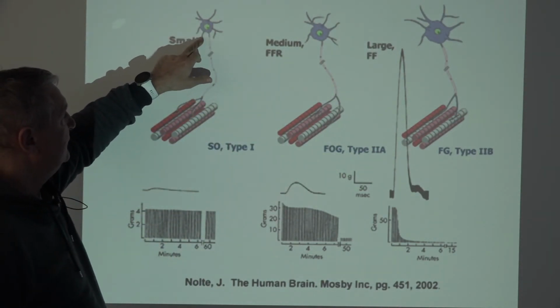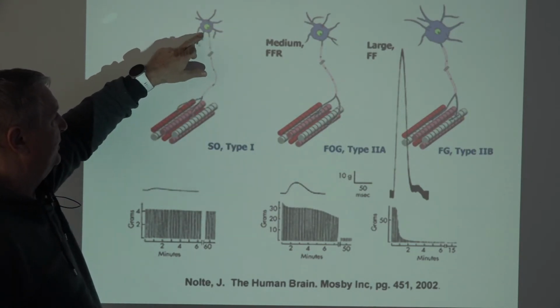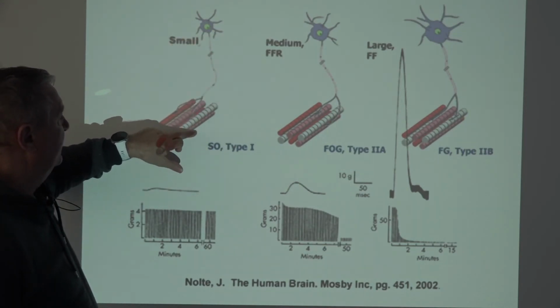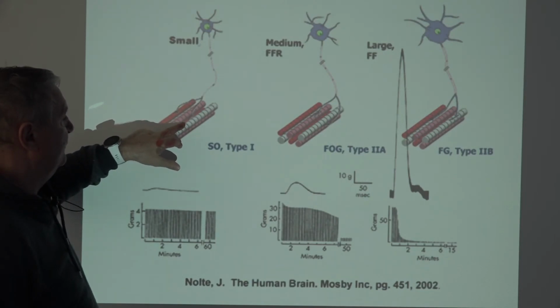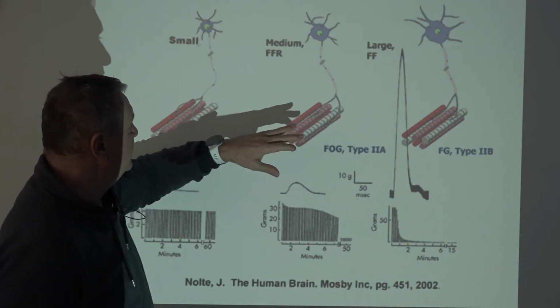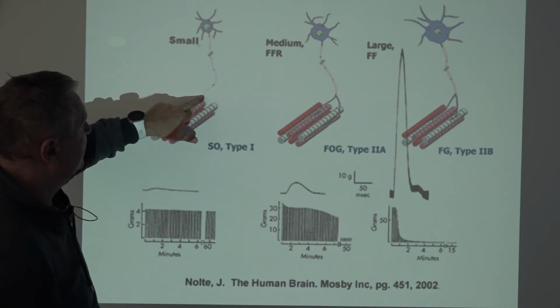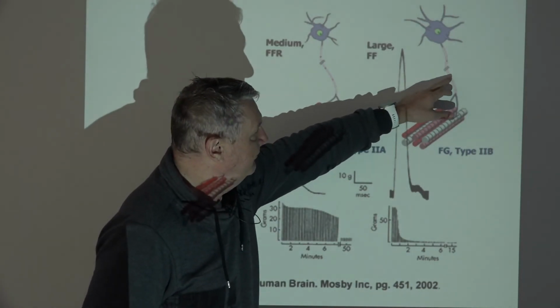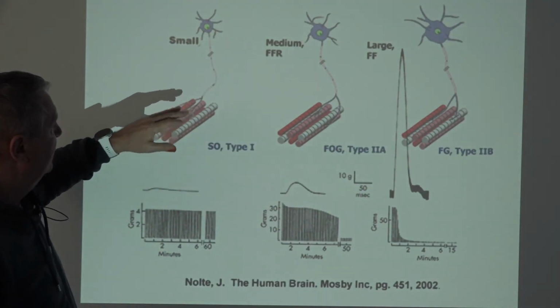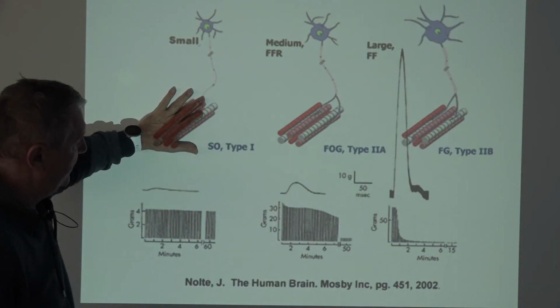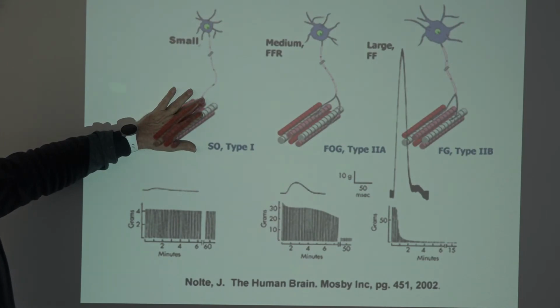These neurons are located in the spinal cord and they innervate a certain number of muscle fibers. And as you can see, the axon is a bit different, bigger.